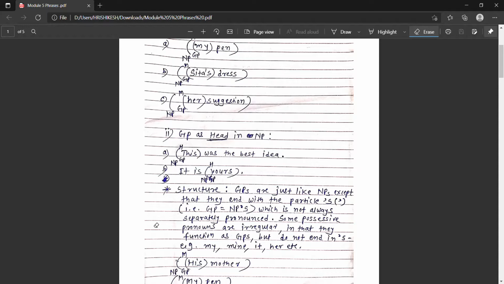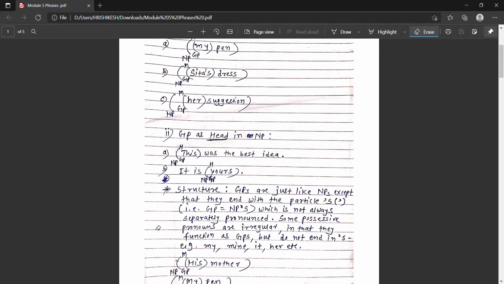This is a dummy word, or we can say that it is used for the best idea. This was the best idea. So this here denotes what type of phrase? GP, but it is the head word. This single word contains GP.